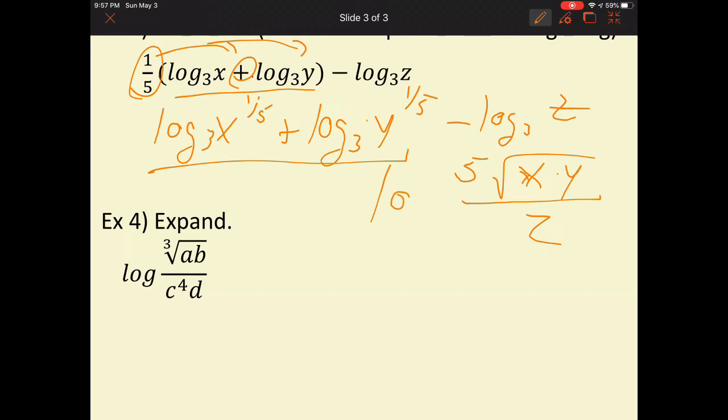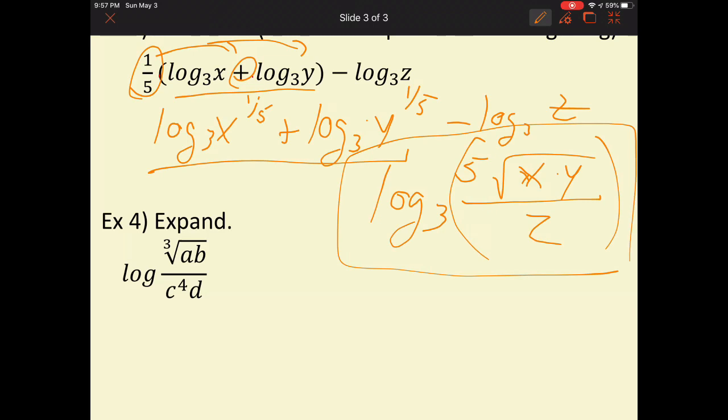So log base 3 of this entire thing. There's your answer here. So again, the plus was the times, the minus is the divide, and that's why we got that fraction. The 1/5 is, again, the root. So x to the 1/5 is the fifth root.